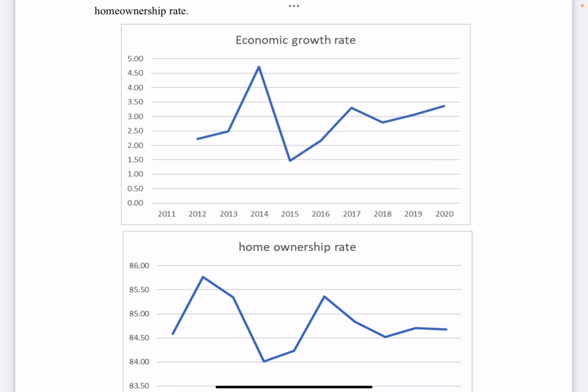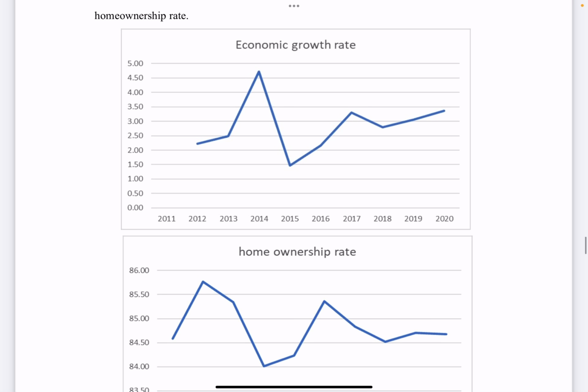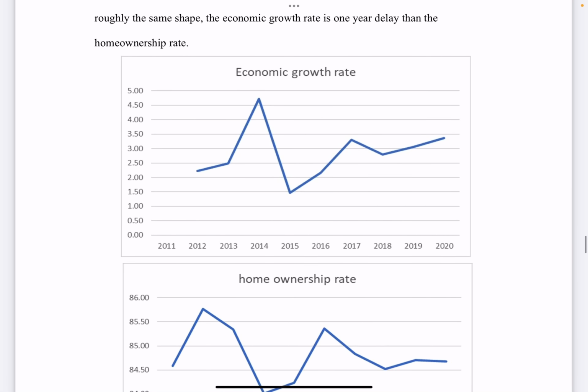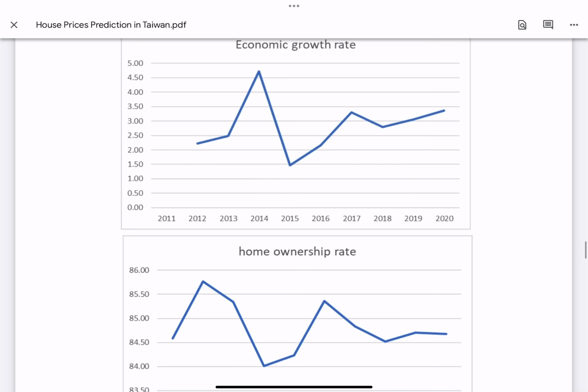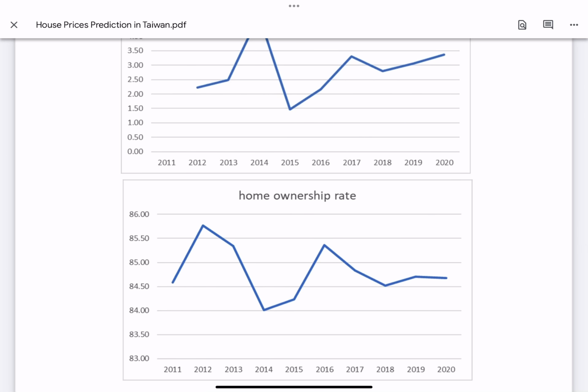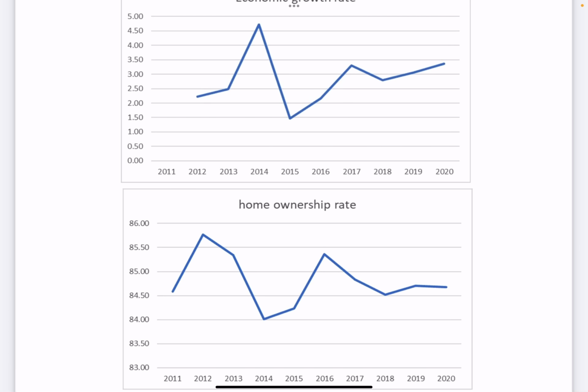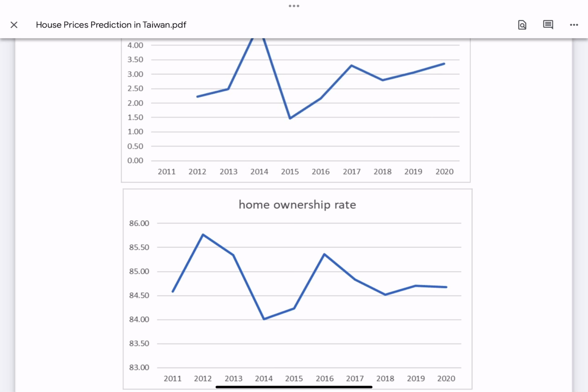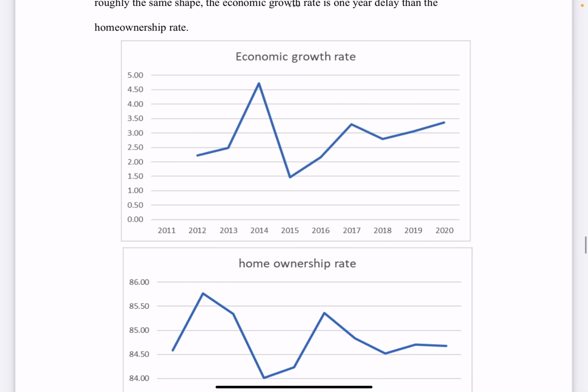And interestingly, the economic growth rate is 1 year delayed compared to the home ownership rate trend. It means when the home ownership rate went up to the peak in 2016, the economic growth rate went up to the peak in 2017.